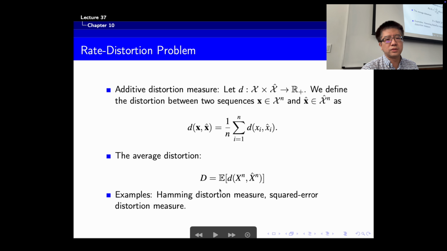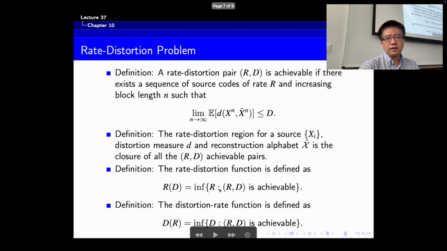The 2 most popular examples of distortion we use are number 1, Hamming distortion, and number 2, Gaussian distortion. Normally we do not use any other kind of distortion, because we cannot get a closed form of the rate distortion function if we use some other form of distortion.